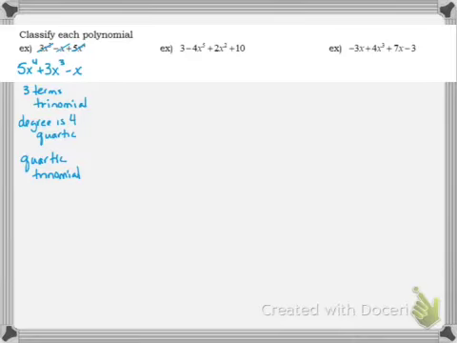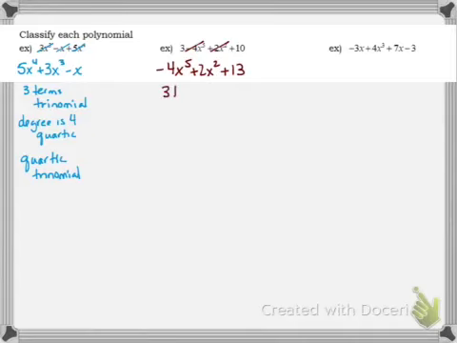So let's look at our second example. First, we're going to put it in standard form. So negative 4x to the fifth is what we're going to start with, followed by plus 2x squared. And then notice that 3 and 10 are like terms and can be put together. And so we now have negative 4x to the fifth plus 2x squared plus 13.